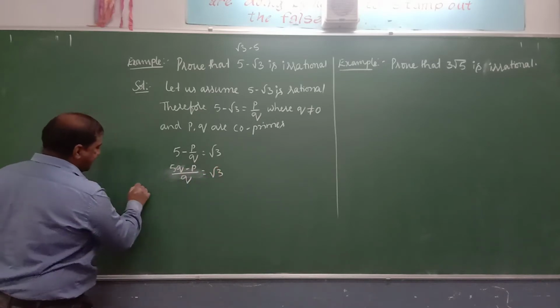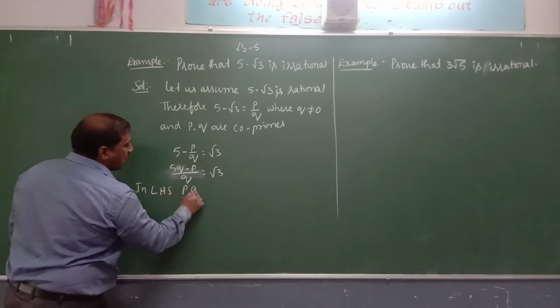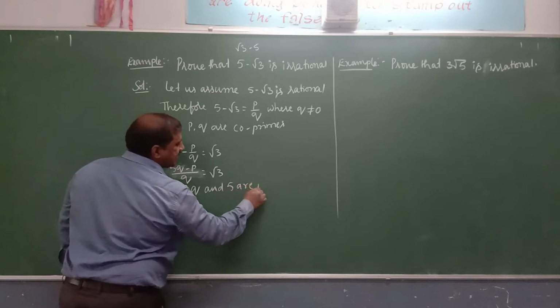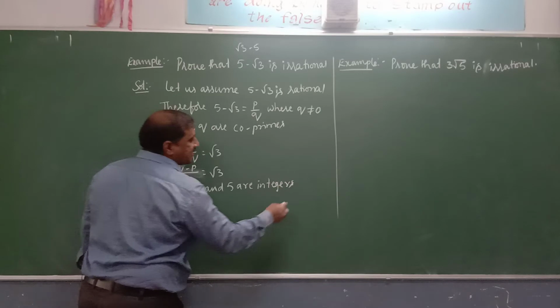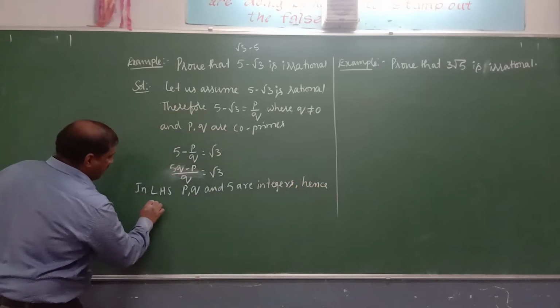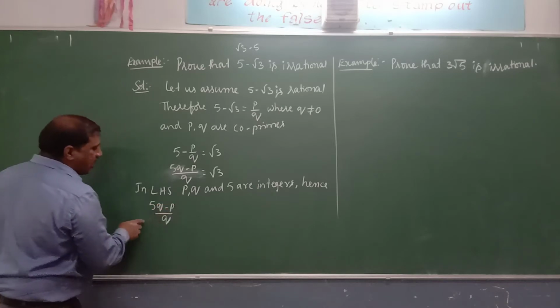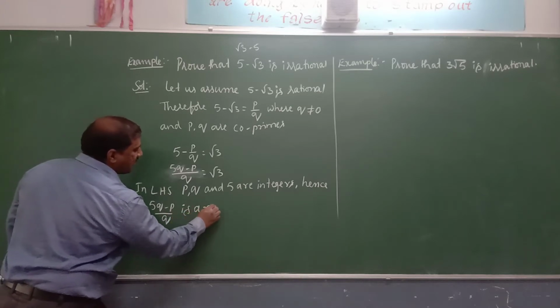See, in the LHS p, q and 5 are integers. Hence (5q minus p) by q is a rational number.